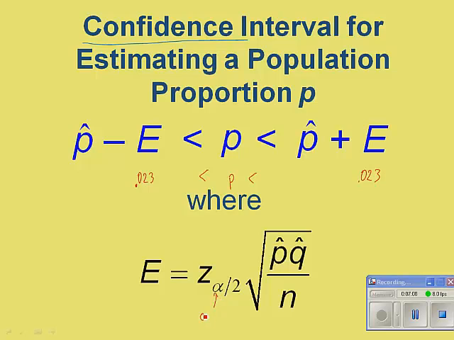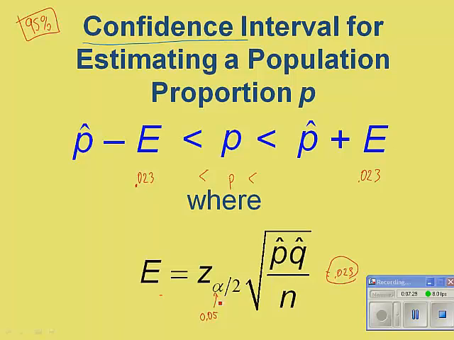Yeah, that was my 5%. So this was for a 95% confidence interval, right? If you want a 95% confidence interval, it will look like this. P hat minus E is less than P hat plus E. Now, I used this formula already, and I computed 0.023. I did that on the last slide, right?